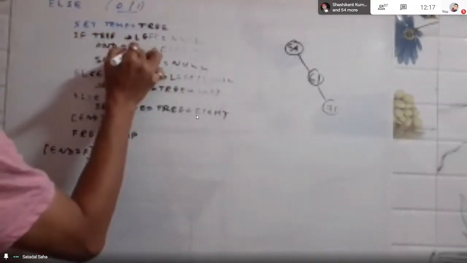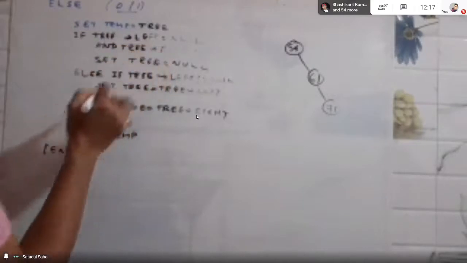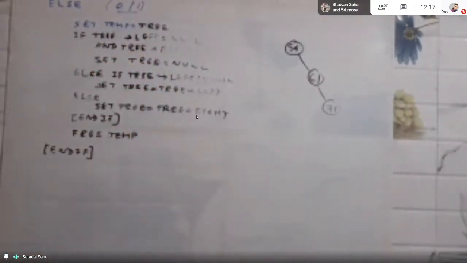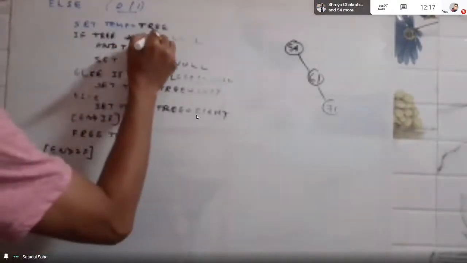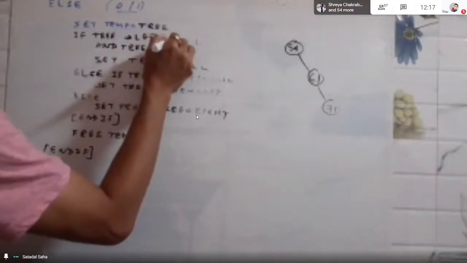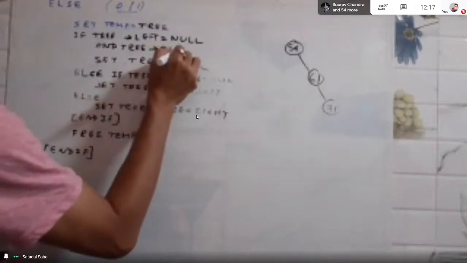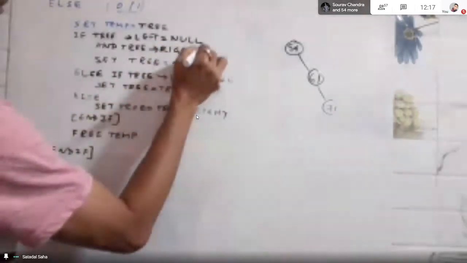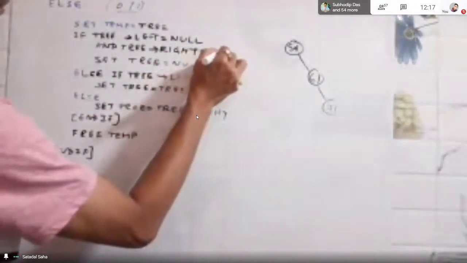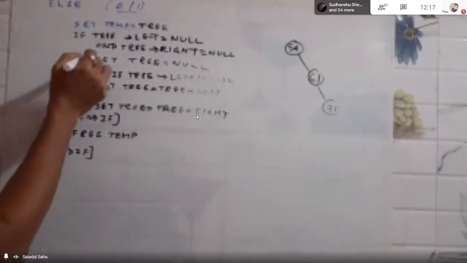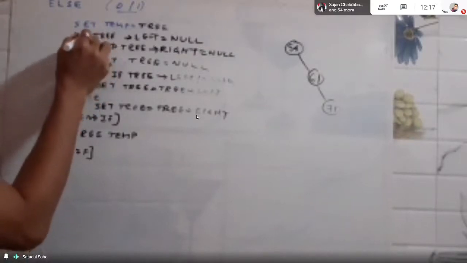12th one, t of n equal to 3 t of n by 3 plus n square. Then a equal to 3, b equal to 3, k equal to 2, p equal to 0, right? Then how can we solve it? The same method. Compare a and b power k.